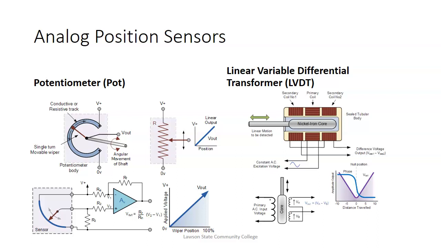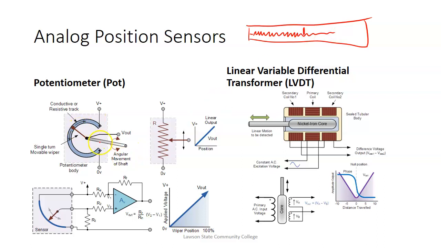So this is an example of analog. Y'all have all dealt with potentiometers. A potentiometer gives us the ability to connect the output of the potentiometer. These are rotary pots, but we also have linear pots. The Amatrol line has a big old linear pot, laid out like this, and it's got a wiper.